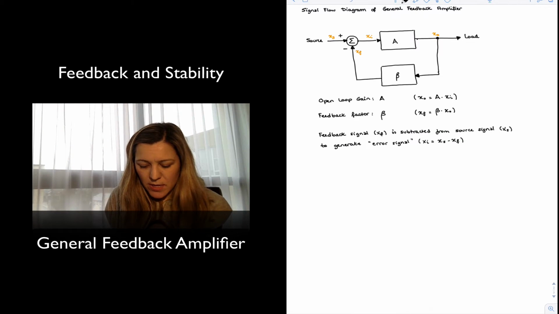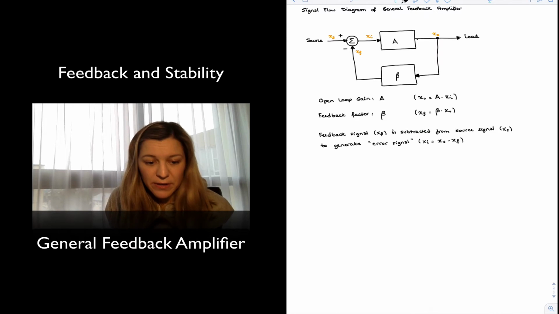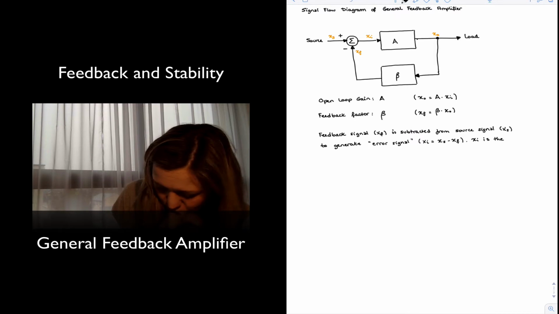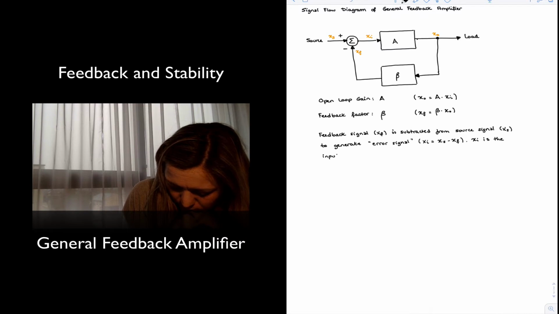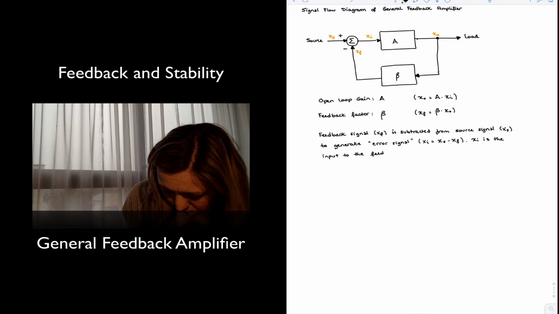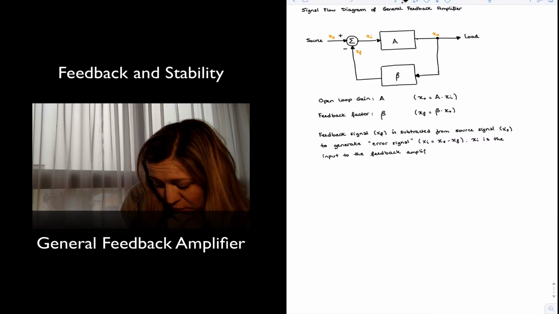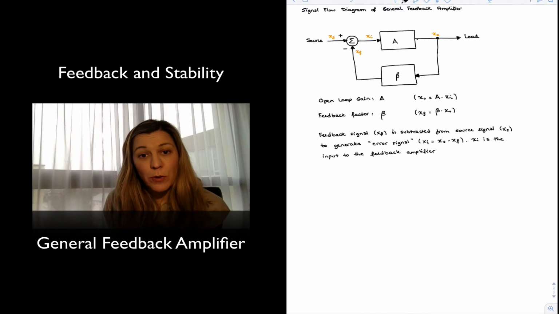Okay, and this Xi is the real input to the feedback amplifier. So Xi is the input to the feedback amplifier, sometimes referred to as the closed loop amplifier. All right.